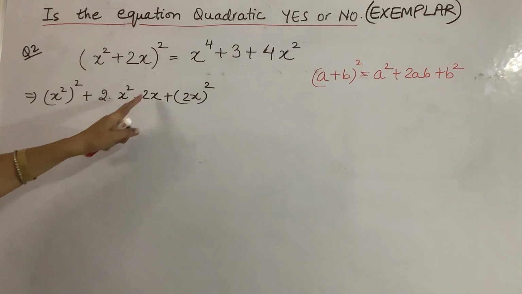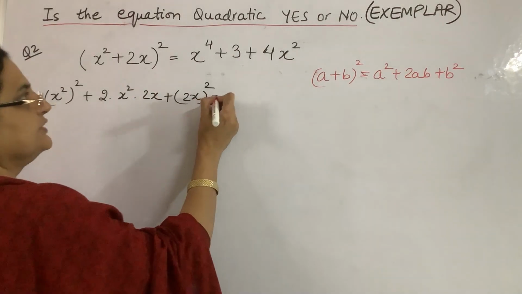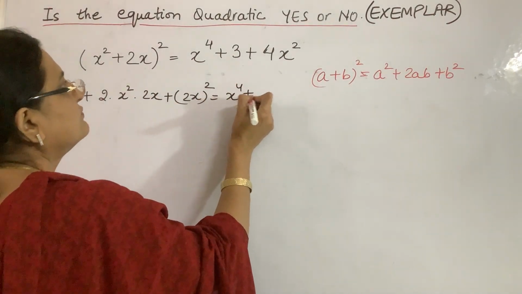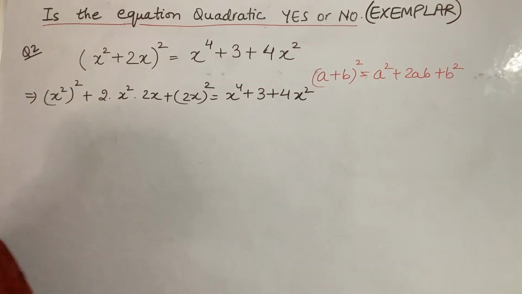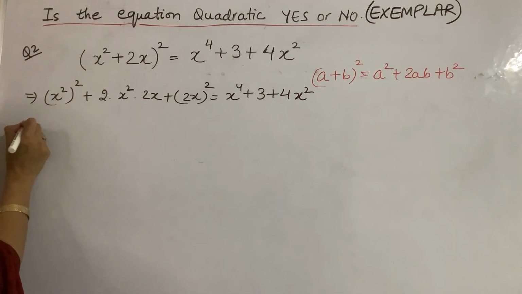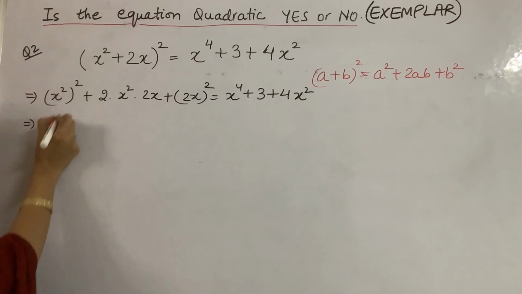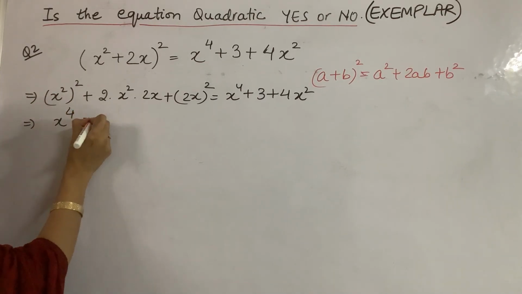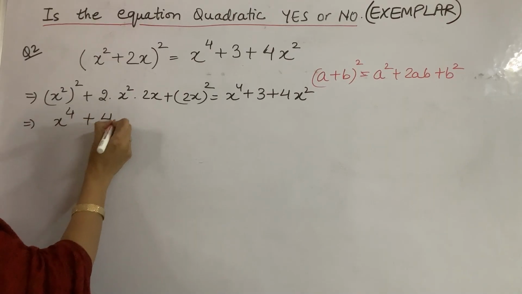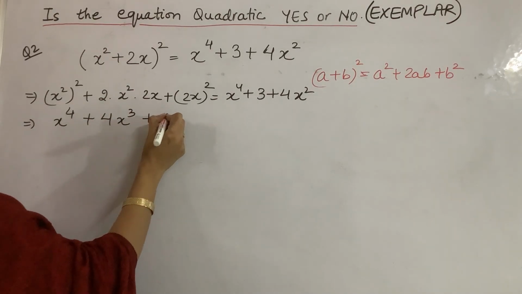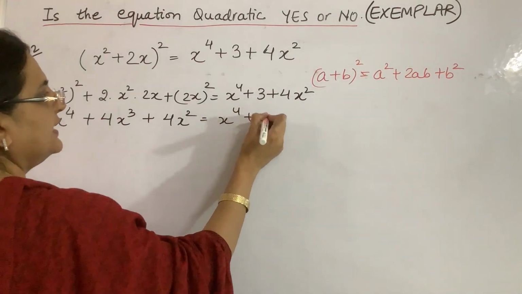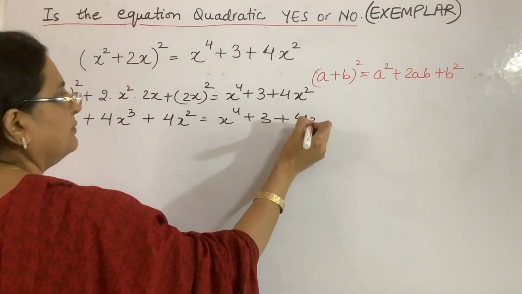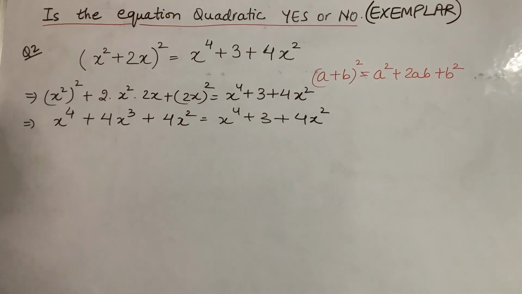a square plus 2ab plus b square is equal to x to the power 4 plus 3 plus 4x square. Simplify this. So this becomes x to the power 4 plus 2 into 2, 4x cube plus 4x square is equal to x to the power 4 plus 3 plus 4x square.